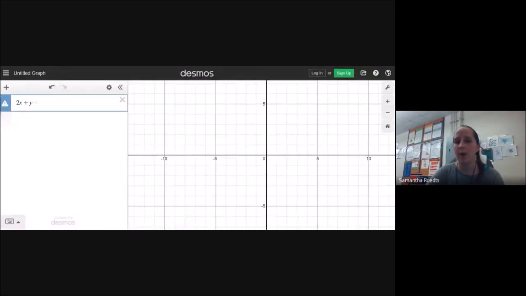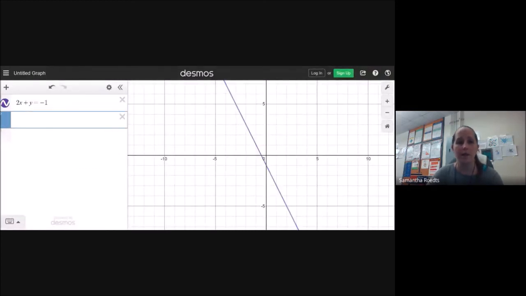So 2x plus y equals -1, and then 5y minus 6x equals 7. I can see that they meet right here at this point, which is -0.75, 0.5. It's -3/4 and 1/2.